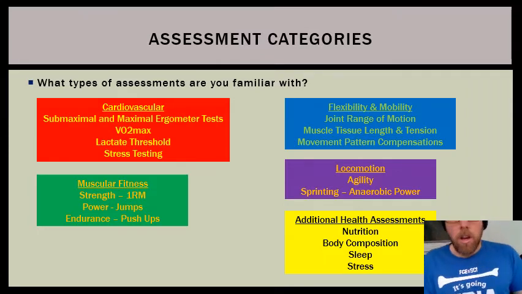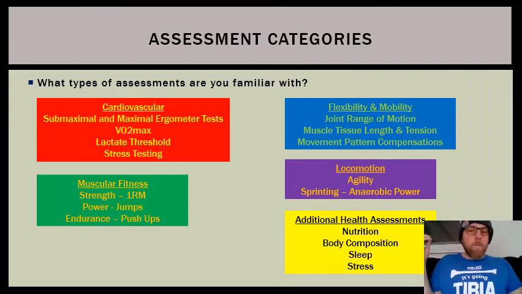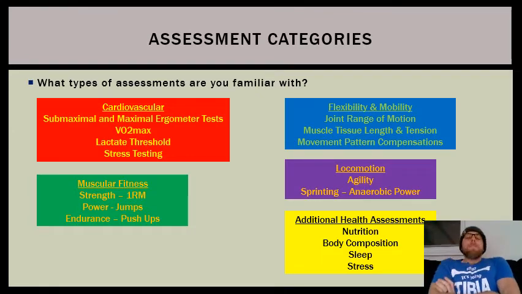Okay, so our exercise readiness assessments we talked about. Now we're going to talk about different categories of assessments that some of you might be familiar with. There's cardiovascular, there's muscular fitness, there's flexibility and mobility, there's locomotion, and other health assessments.